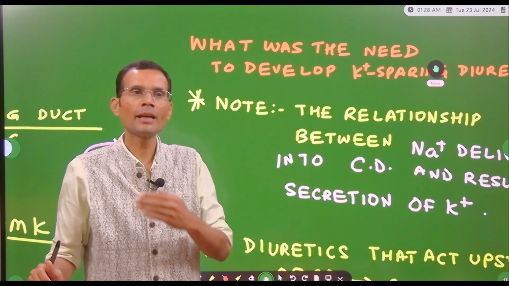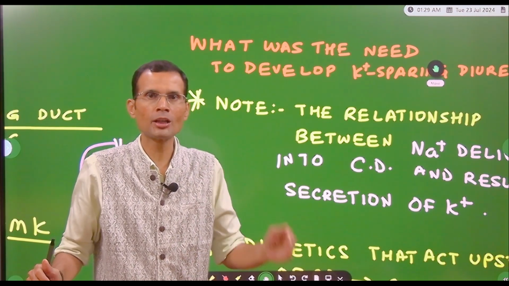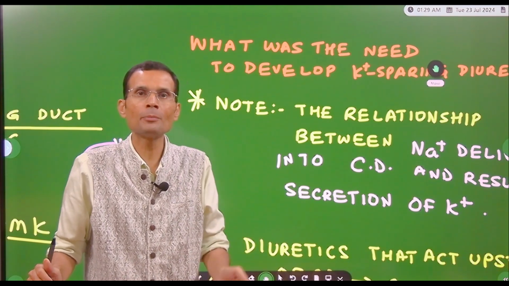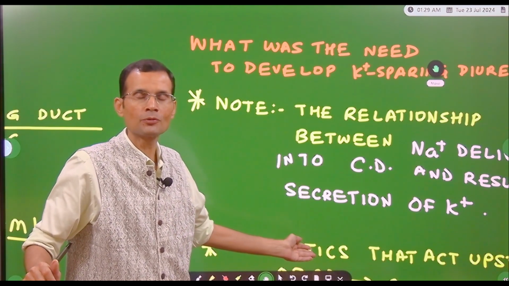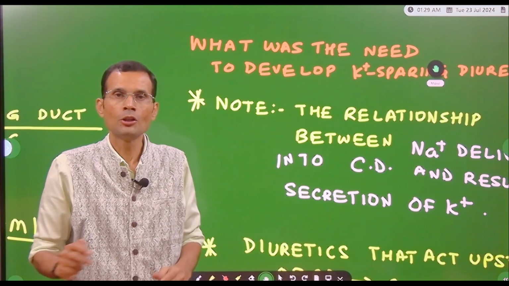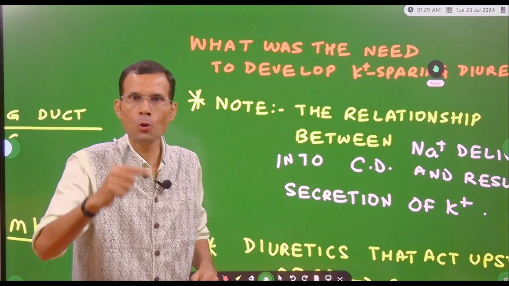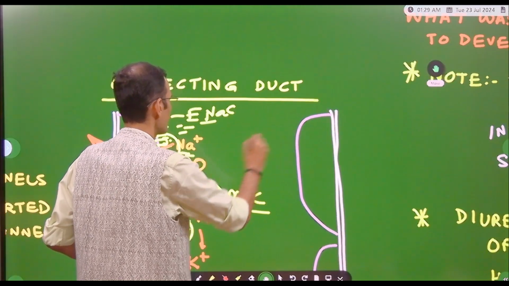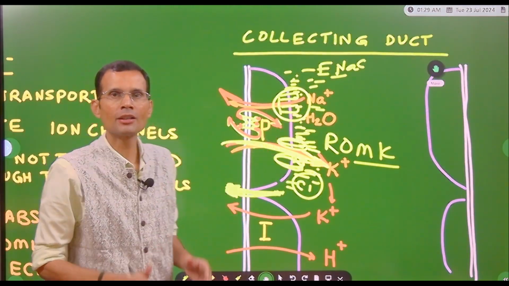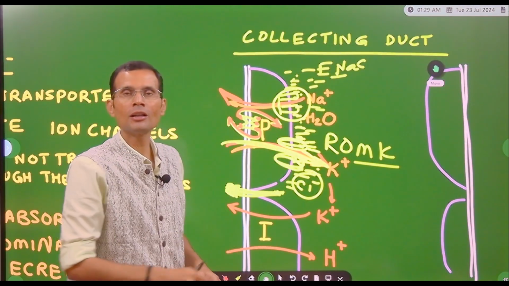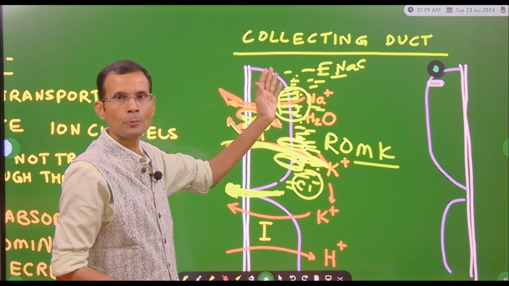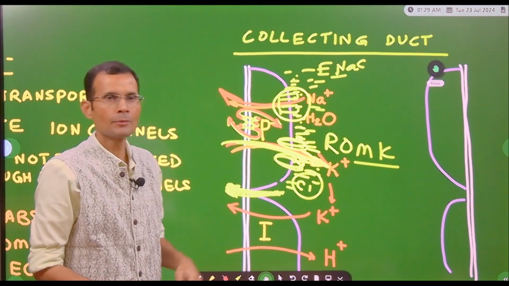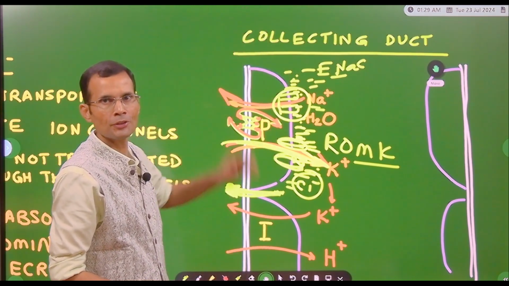They stopped the reabsorption of sodium chloride, and because of that, more and more sodium is delivered to the distal part of the nephron, the collecting duct. So sodium load for reabsorption is increasing in the collecting duct, because they blocked sodium chloride reabsorption upstream, before the collecting duct, that means in the DCT or in the loop of Henle.